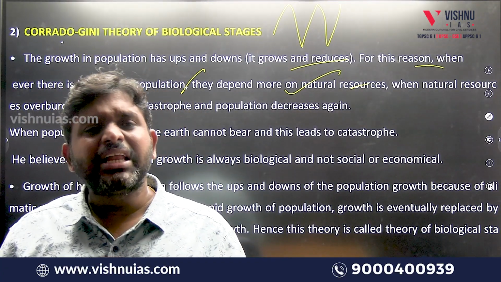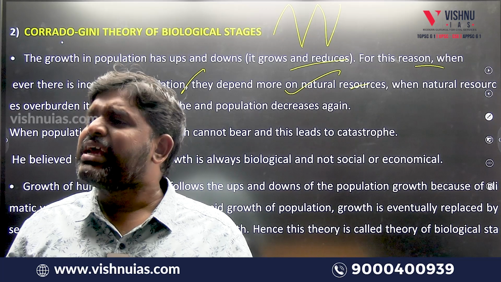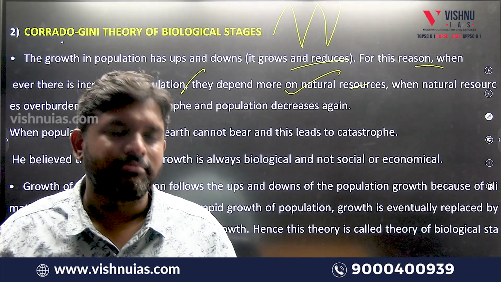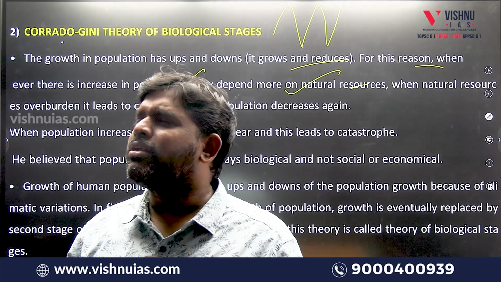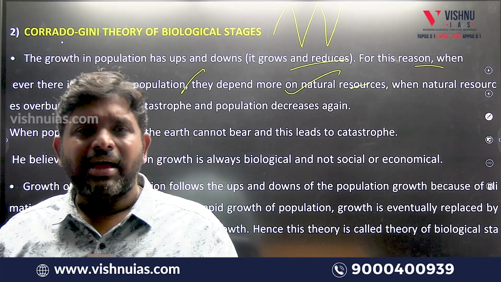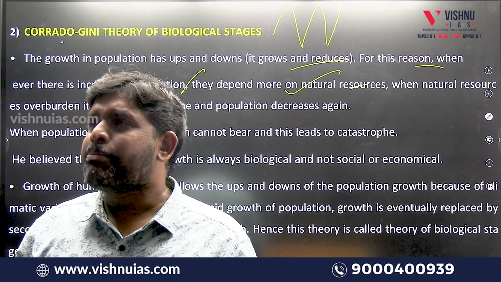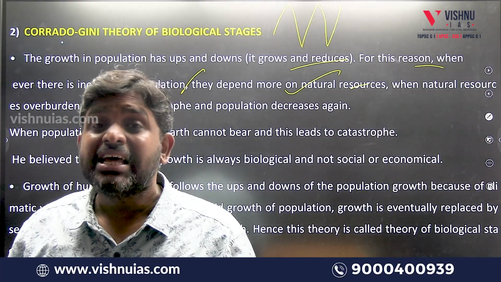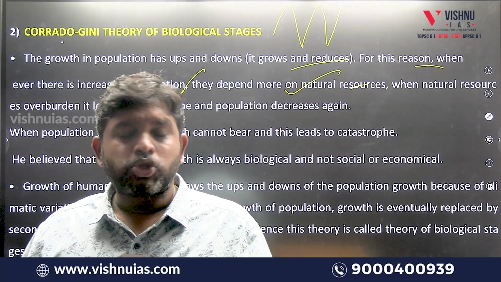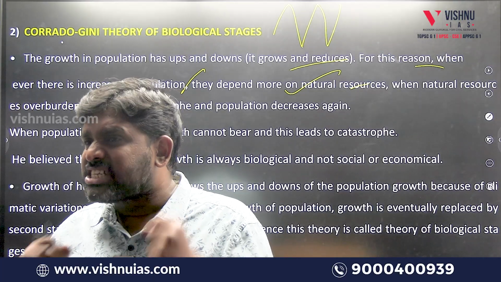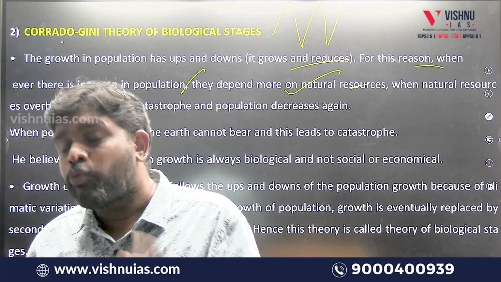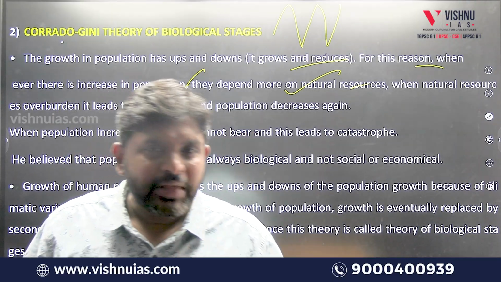As the population increases, the increased population will depend upon natural resources abundantly. When we depend upon nature for natural resources, nature cannot sustain the demand, which has occurred because of human beings. Why human beings? Because population got increased.